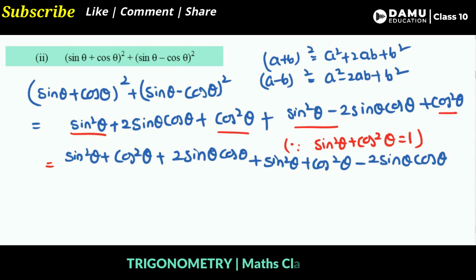The 2 sin theta cos theta and 2 sin theta cos theta cancel. Then for this we get 1, plus for this again 1, so we will get the answer as 2. Like this we need to find.